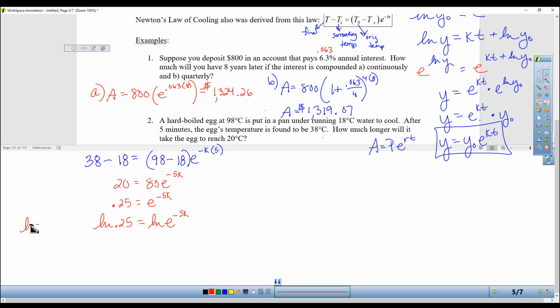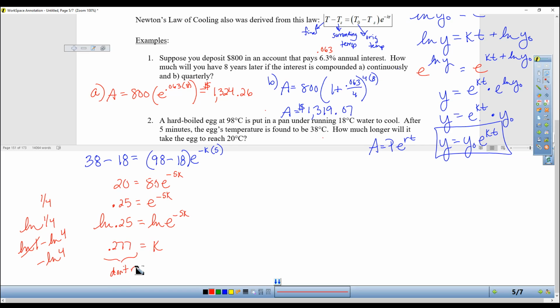By the way, if you had it as 1/4, then the natural log of 1/4 is the natural log of 1 minus the natural log of 4. Natural log of 1 is 0. So you could also use negative natural log of 4, and it would give you the exact same thing. But k is equal to, now I'm going to write 0.277 here, but it's actually a much longer number.